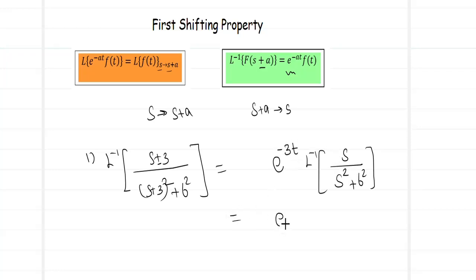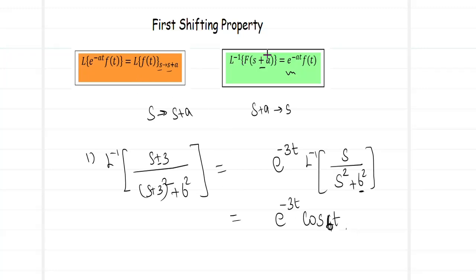The next step will be e power minus 3t, and now Laplace inverse of s by s square plus 6 square. We know that if it is s, it has to be cos. So this is going to be cos 4t. Sorry, this is going to be cos 6t. Sorry for the error. Since it is 6 square, it is going to be cos 6t.